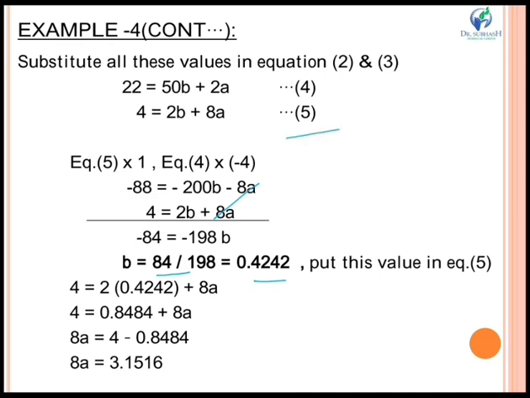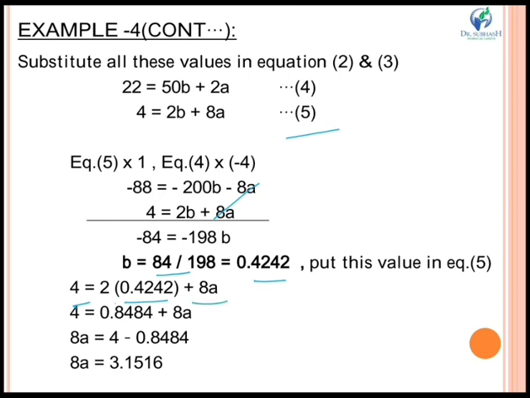Now we'll put these values in equation 5. You can also put this value in equation 4, but the values of equation 5 are a bit smaller, so you can put it in either equation. I have substituted these values in equation 5. So I get 4 equal to 2 into 0.4242 plus 8a.